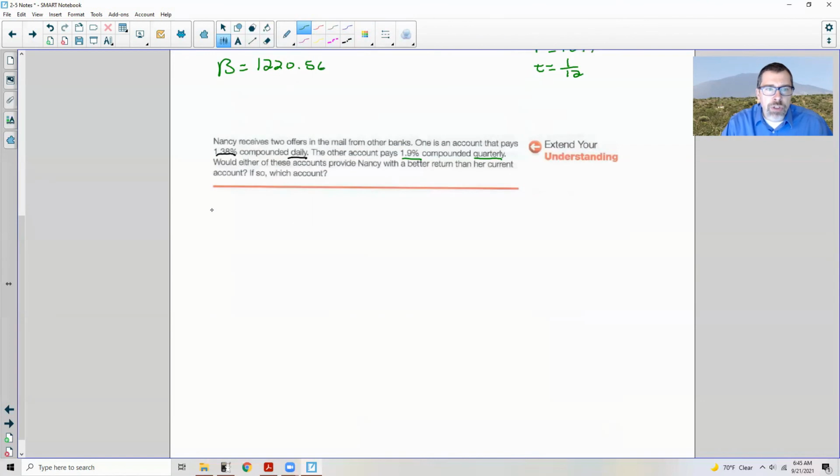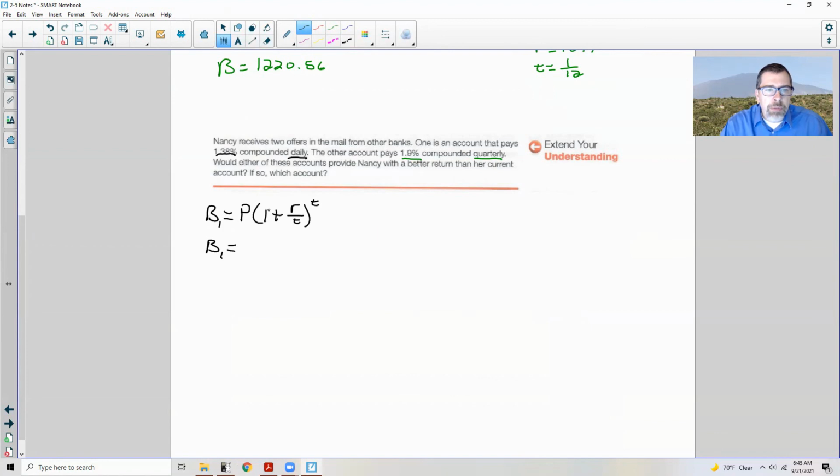So let me do the first one. The balance from the first bank is going to equal principal times 1 plus its rate over time, to the power of the time. Actually, it's n times t, but we'll talk about that in a bit.